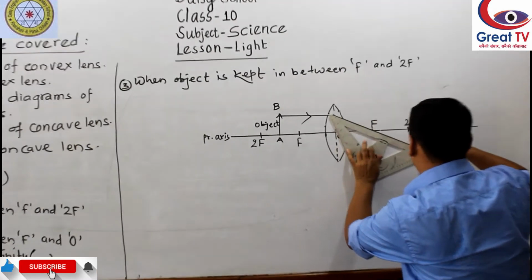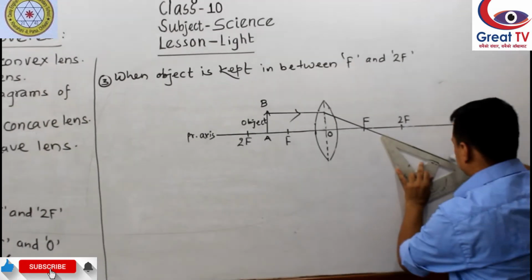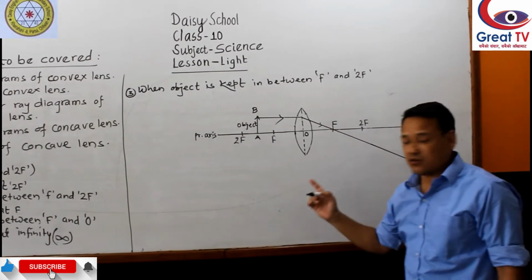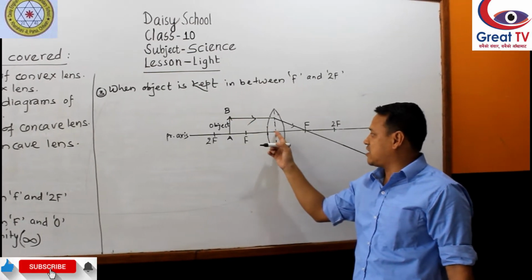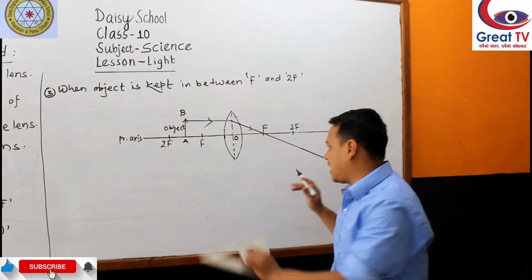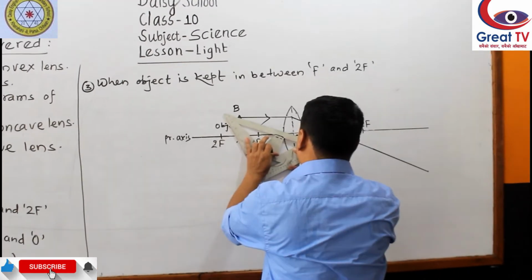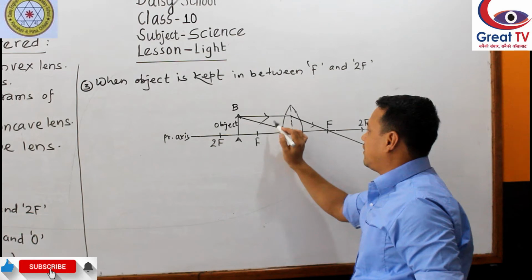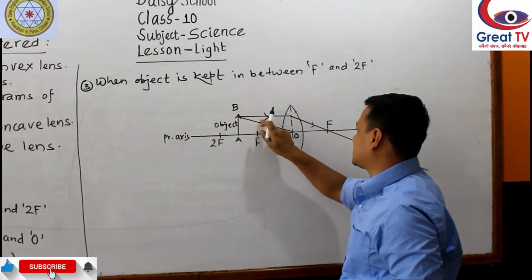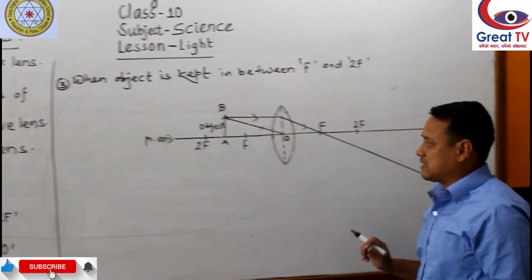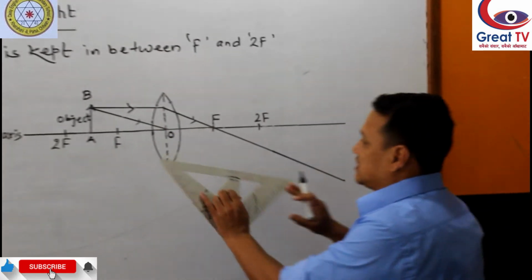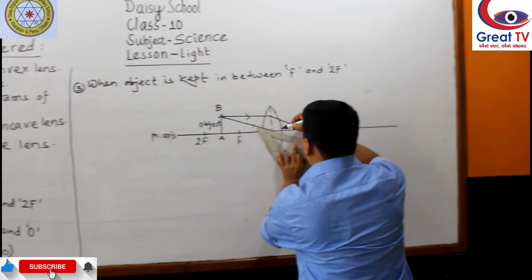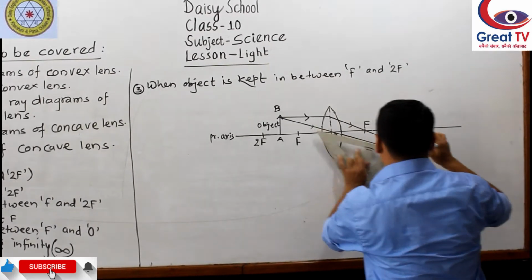The second rule: the ray of light which is incident on the optical center passes without bending, it goes straight. So here you have to draw a little bit long line.